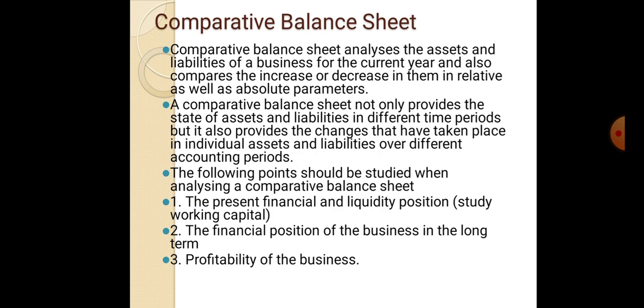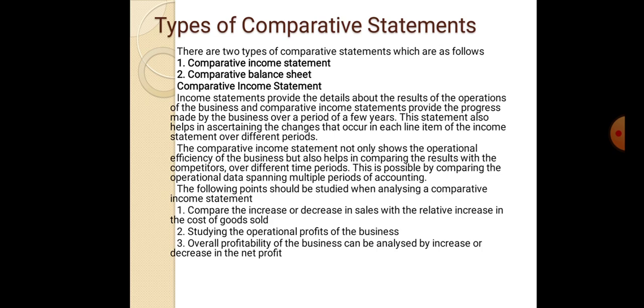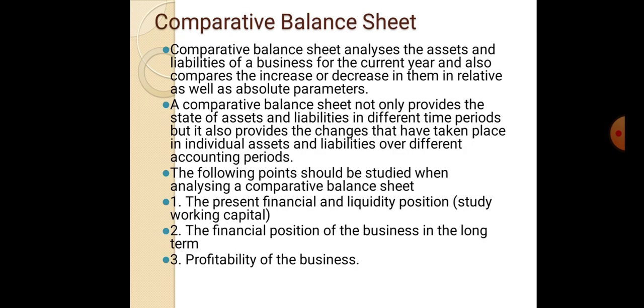Coming to the comparative balance sheet. As we have studied in the earlier slides, we have two types of comparative statements, comparative income statement and comparative balance sheet. We have studied the comparative income statement. Now coming to the second type of comparative statement analysis, the comparative balance sheet.